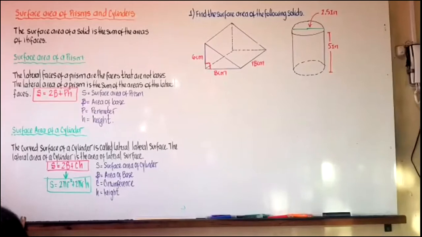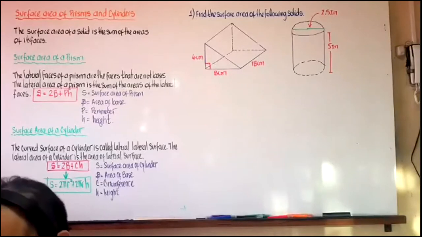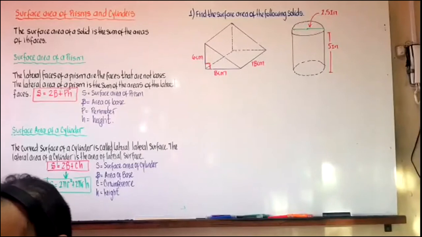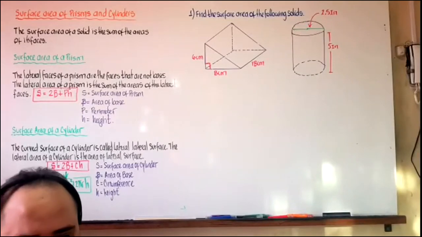Okay. And obviously tomorrow, God willing, we're going to learn how to calculate the surface area of the pyramids, and also the prisms, and we have another shape, but I totally forgot the name.